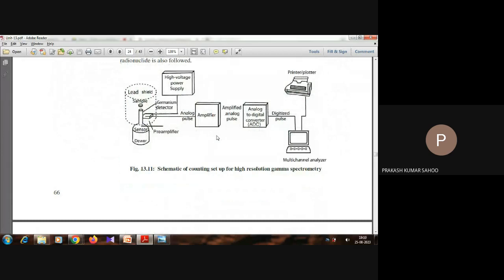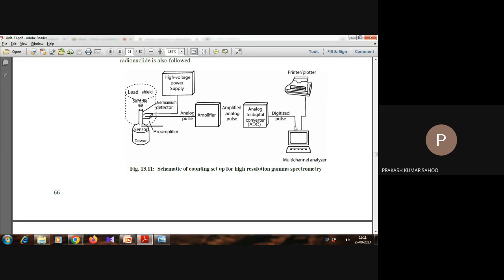and this is the high resolution gamma spectroscopy instrumentation. We have, just wait, a germanium detector, some sensor, preamplifier, amplifier, analog to digital converter ADC.